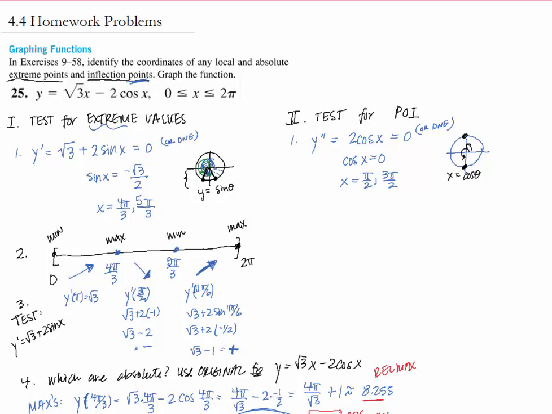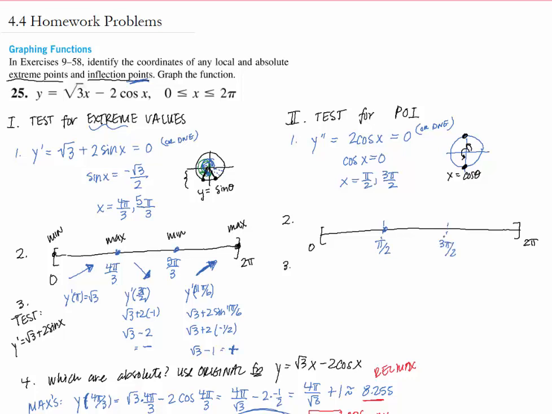Second, just like we did with the first derivative test, we're going to divide up the interval, but test from 0 to 2 pi the second derivative. Now, the critical points of the second derivative were pi over 2 and 3 pi over 2.